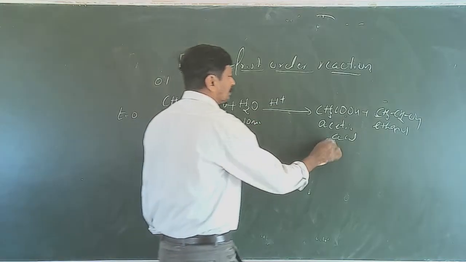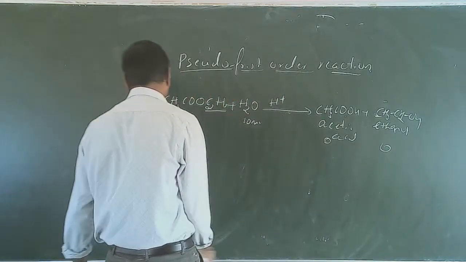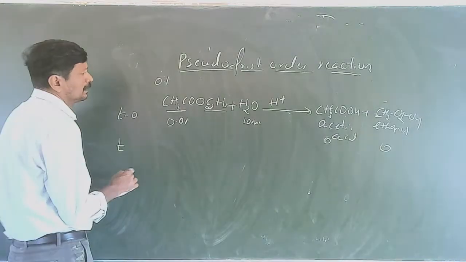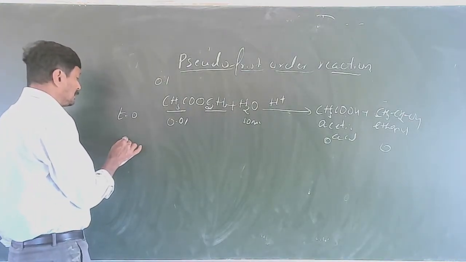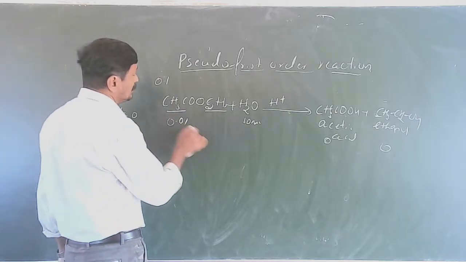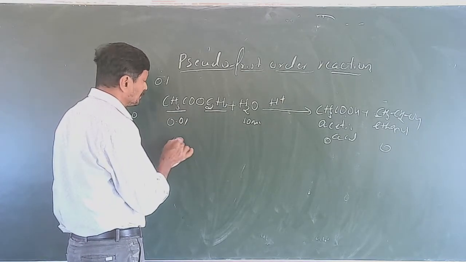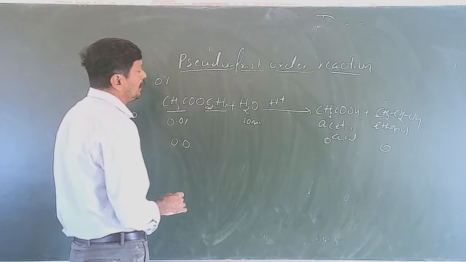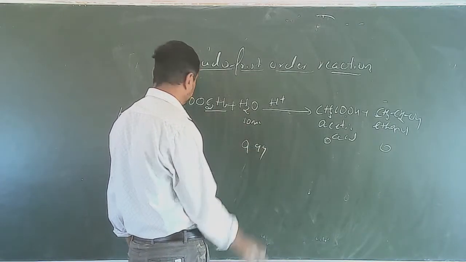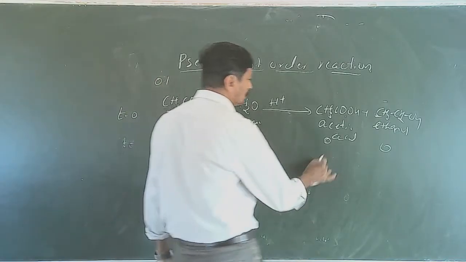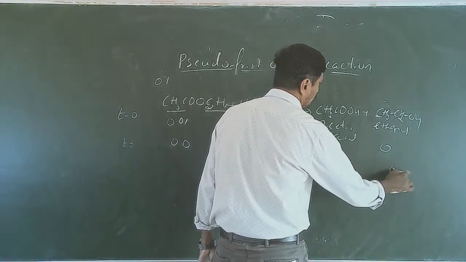The product concentration is 0. At time T, suppose the ester has reacted, its concentration becomes 0, and the water becomes 9.99 and the products 0.01.